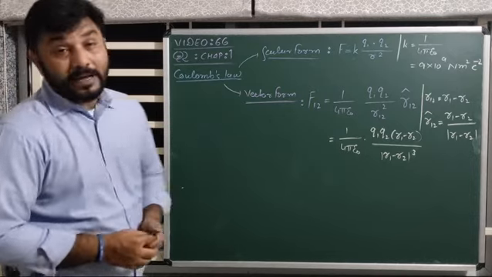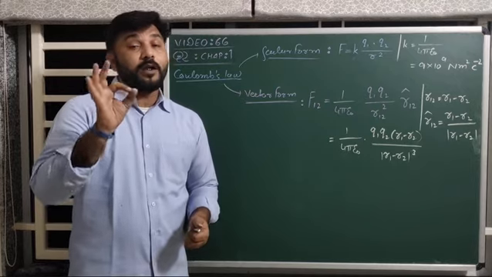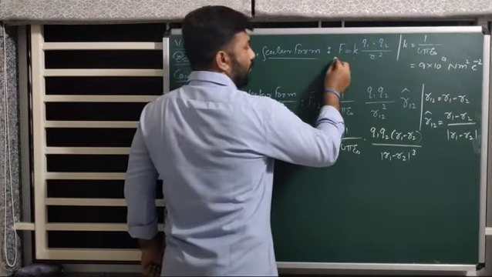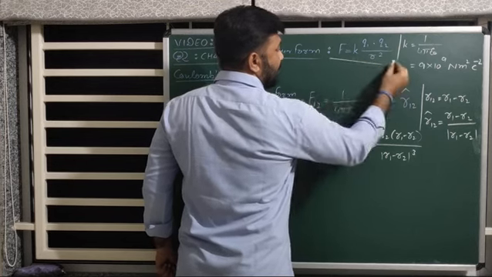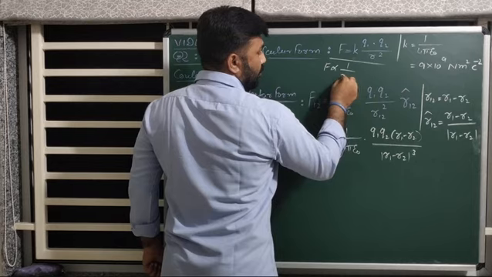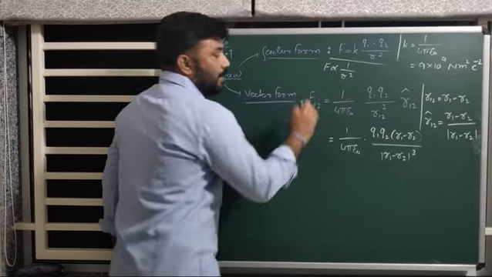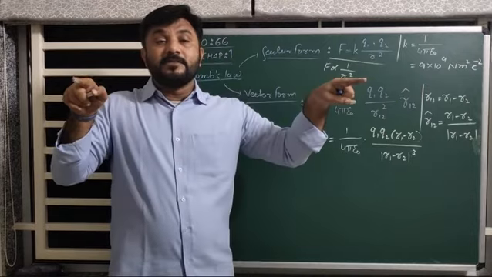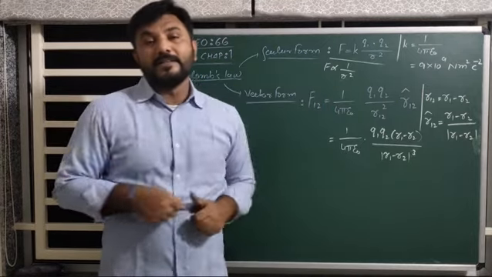Coulomb's law is known as inverse square law. Why? Because from this equation we can say that F is proportional to 1 upon R square. What is R? R is the distance. So as distance increases, repulsive force decreases.